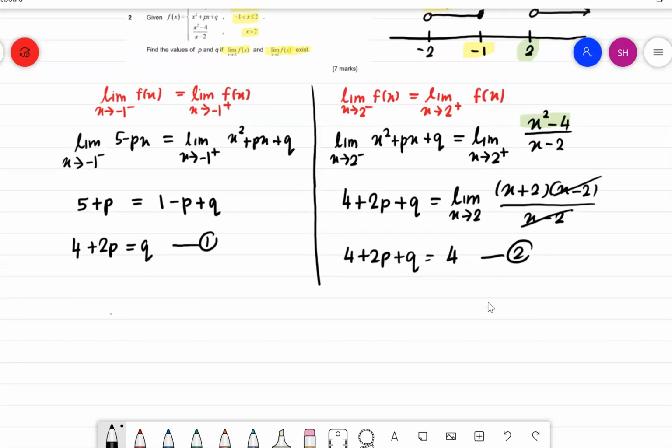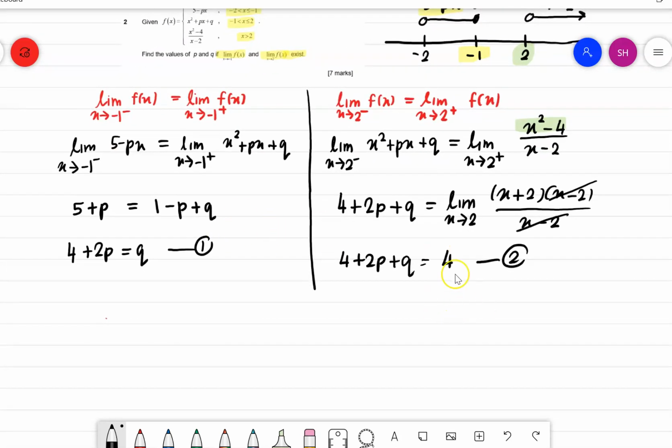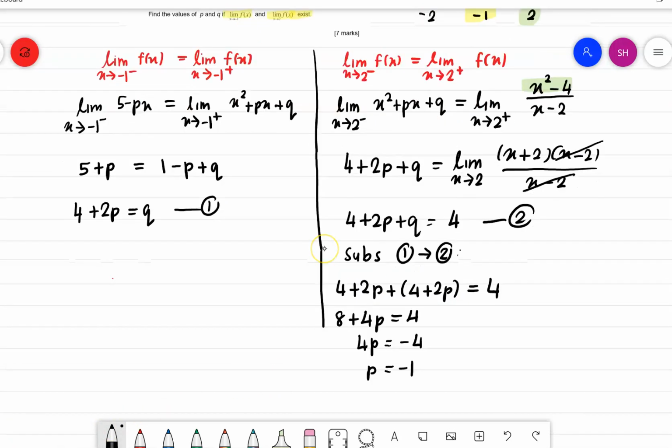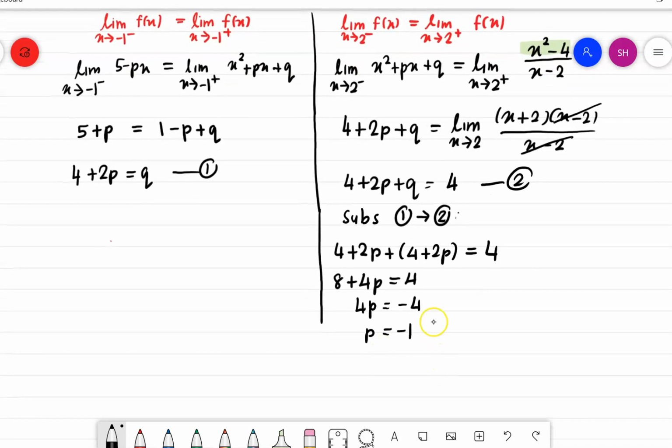And then you solve simultaneously between equation 1 and 2 to get p and q. In this case, I substitute equation 1 into equation 2, and then I will get p equal to negative 1. Then after you get p, you substitute into either equation 1 or equation 2 to get q.